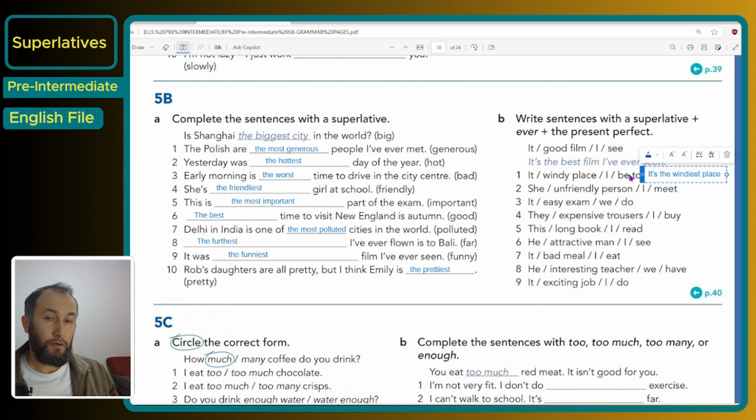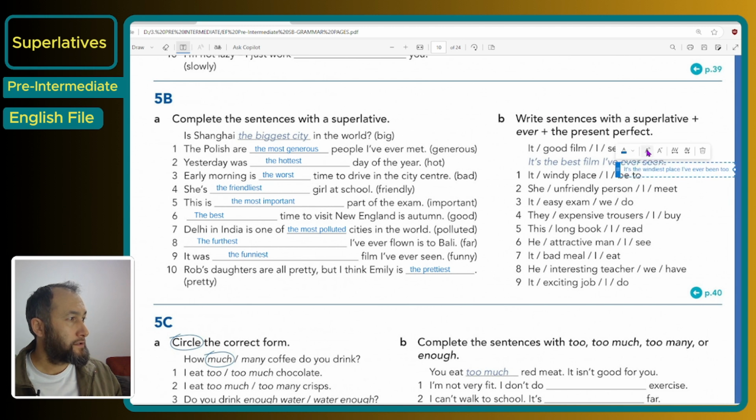Now I be to, we change to present perfect. I've ever been to. So we can make it a little bit smaller, just like that. Maybe we can change the color. There you go. It's the windiest place I've ever been to.